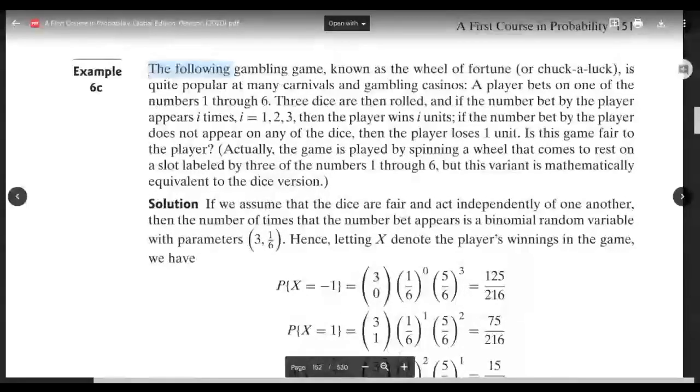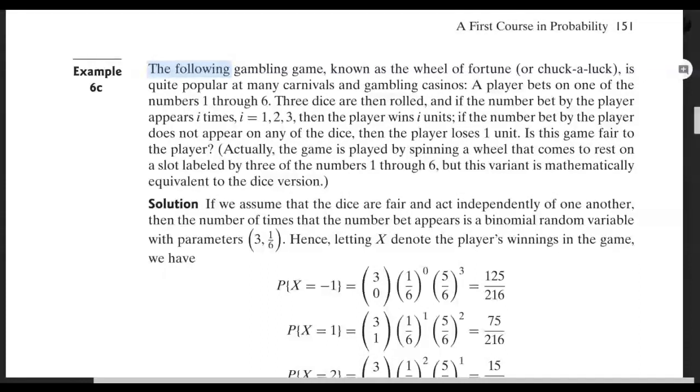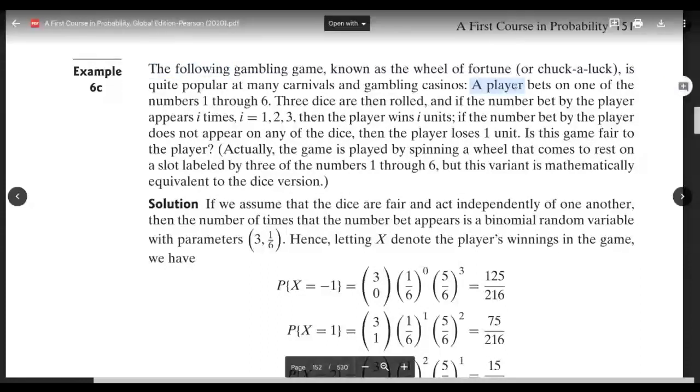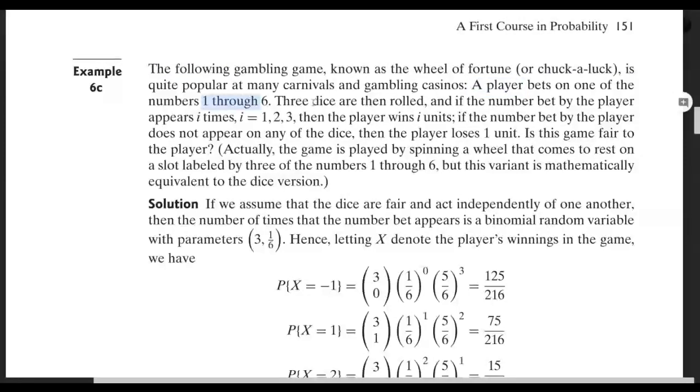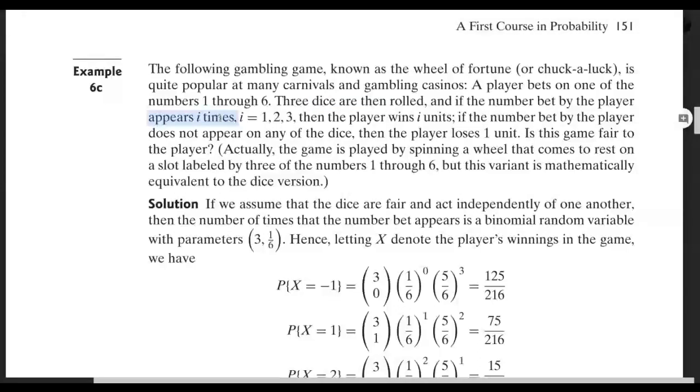The following gambling game, known as the Wheel of Fortune, is quite popular at many carnivals and gambling casinos. A player bets on one of the numbers 1 through 6. 3 dice are then rolled, and if the number bet by the player appears i times, because it's three trials, then the player wins i units.